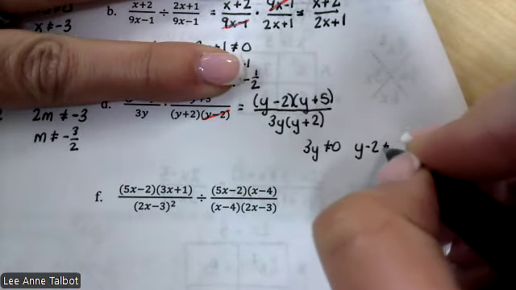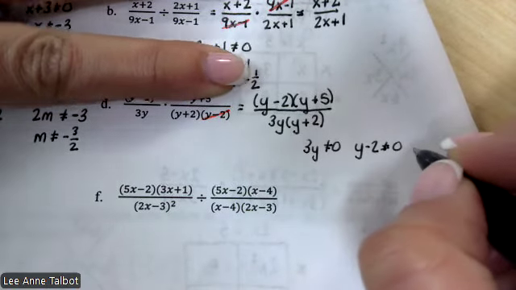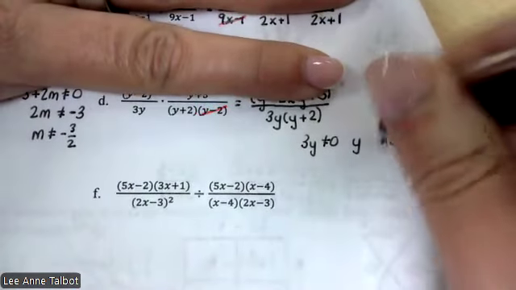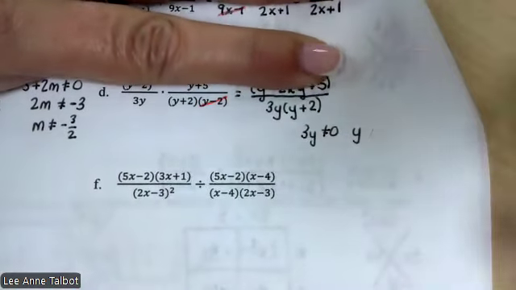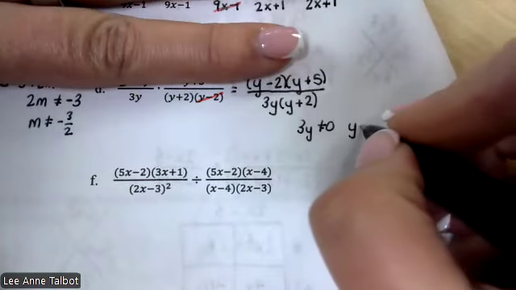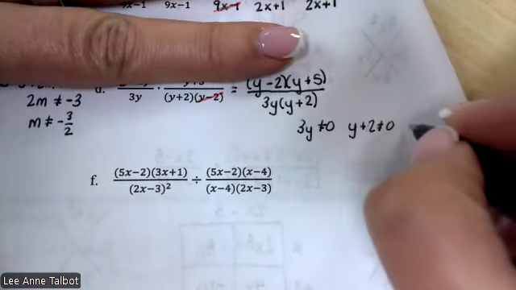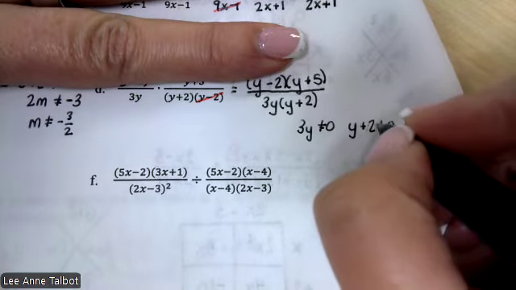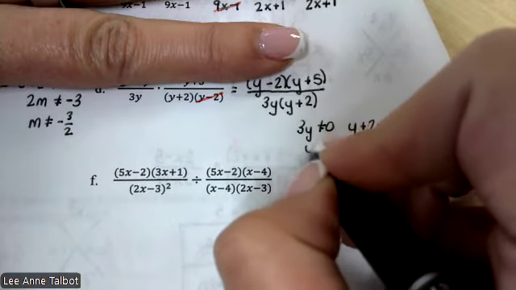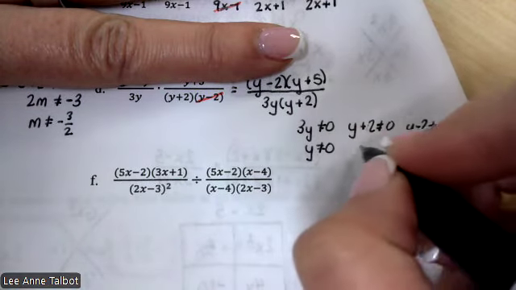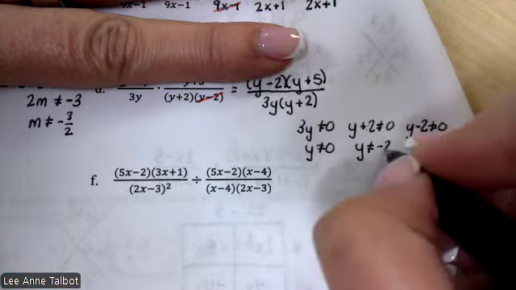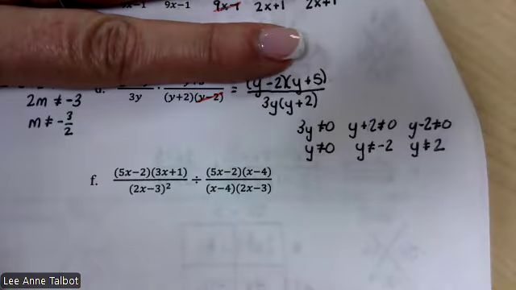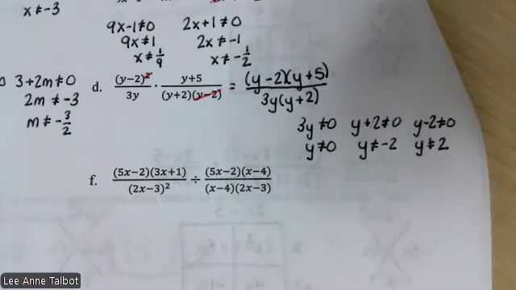Y minus 2 cannot equal 0. Y plus 2 cannot equal 0. Divide by 3 on both sides. Y cannot equal 0. Y cannot equal -2. Y cannot equal +2.